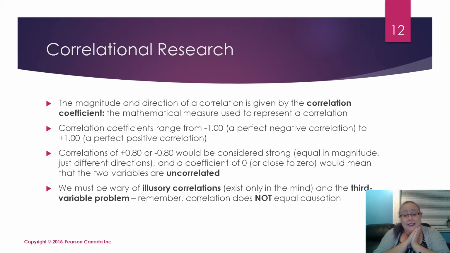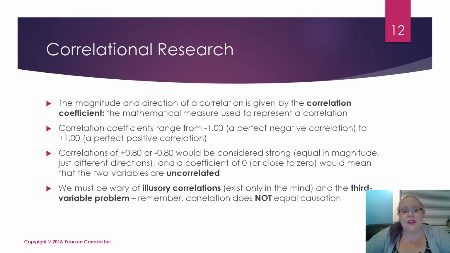Say if we were talking about weight and height, which it's not, but if it was, as you increase 1 centimeter, you increase half a pound every single time. If that were the case, that would be a perfect correlation, so 100% correlation. So a perfect negative correlation would be -1. That would mean as one thing goes up, the other goes down by exactly the same amount every time.